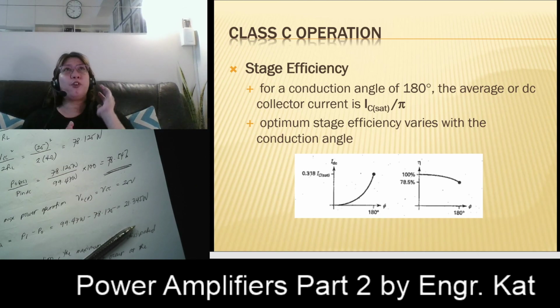For 180 degrees, that is your Class B amplifier, and the efficiency increases from 50% to 78.5%. And for a conduction angle below 180 degrees, which is Class C operation, it has the highest efficiency, which is 80% or higher. So optimum stage efficiency varies with your conduction angle.